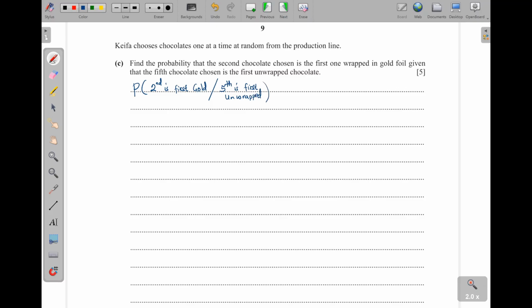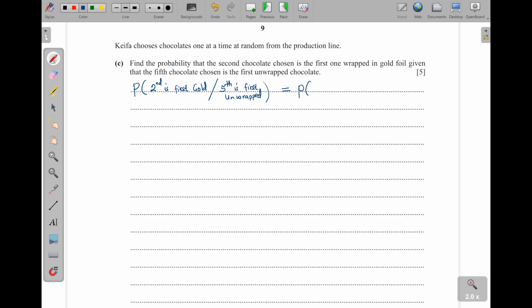They are saying the second chocolate chosen is the first one wrapped in gold, so I said first gold, given that the 5th chocolate chosen is the first unwrapped. So the sample space we are choosing from is when the 5th one is the first unwrapped. You see that? So this is conditional probability.